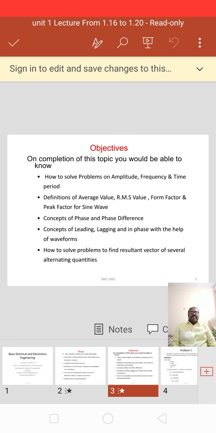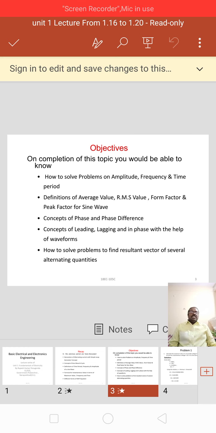Generally, the form factor is the ratio of the RMS value to the average value, and the peak factor is the ratio of the maximum value to the RMS value. Average value corresponds to the steady state value of the transfer of energy from one point to another.